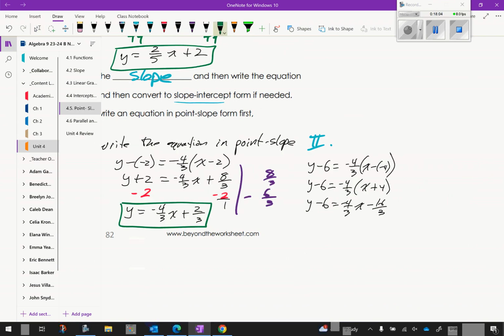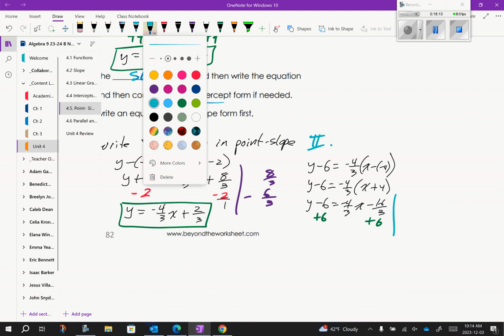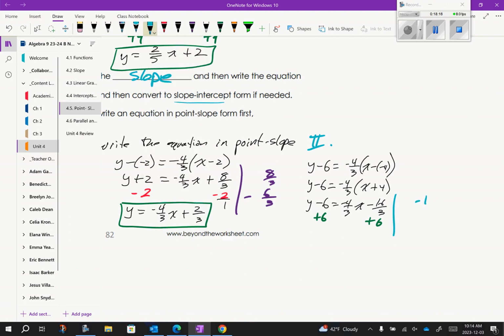And now I need to add 6 to both sides. Which, again, I'm going to need common denominators with negative 16/3 plus 6 over 1 is the same thing as 18/3. Negative 16 plus 18 will give me positive 2/3.